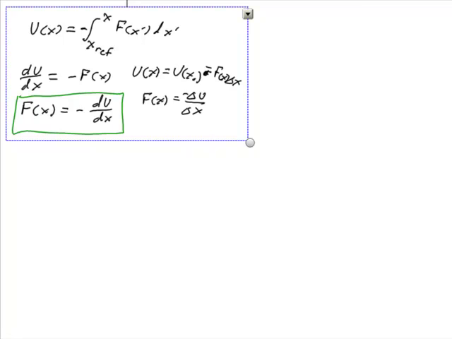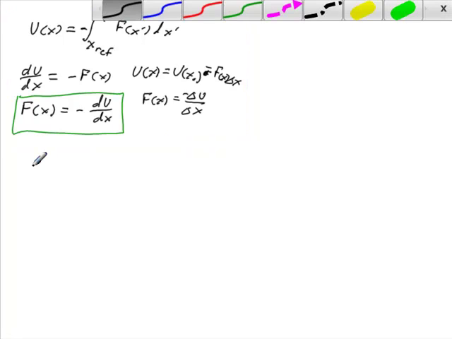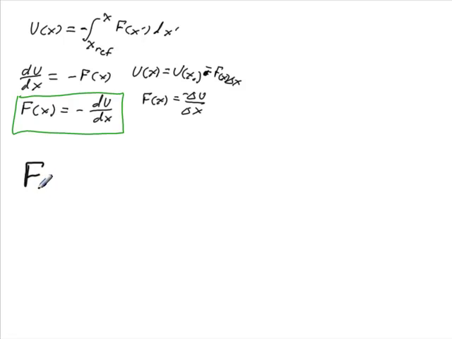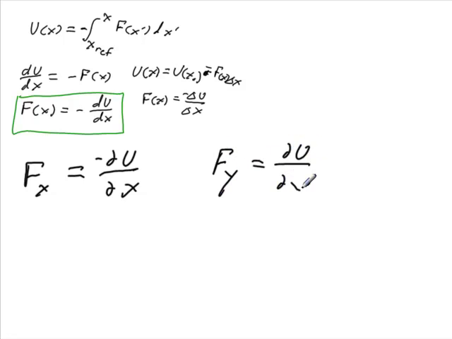In that case, we find that the force in the x direction is equal to minus the derivative of u with respect to x. The y component of force is minus the derivative of u with respect to y. And the z component is minus the derivative of u with respect to z.